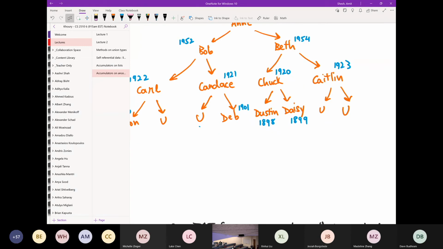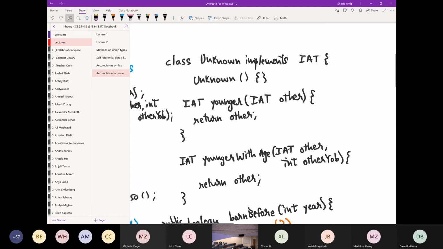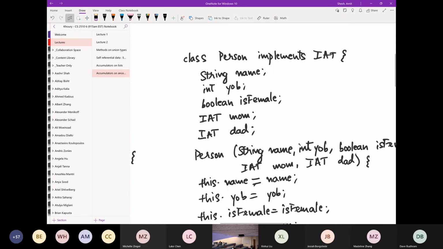Now let's look at the template for the person. We have this dot yob, we have this dot mom, and we have this dot dad. And then what are the methods we can call on mom and dad? Here are all the methods we can call on mom and dad. And the first method is, given this other IIT, return me the one that's younger between you and this other IIT. So we can use that. That's part of our template.